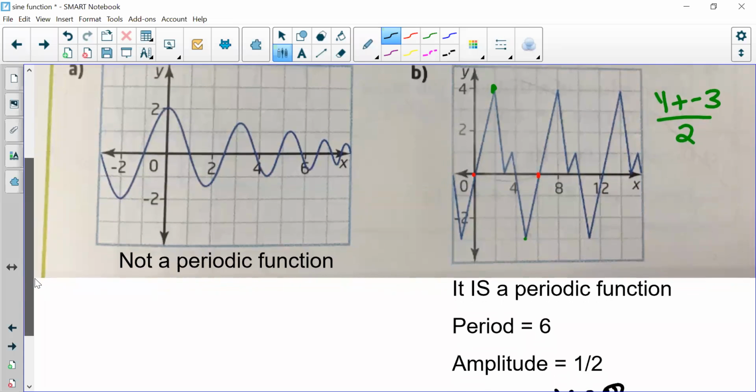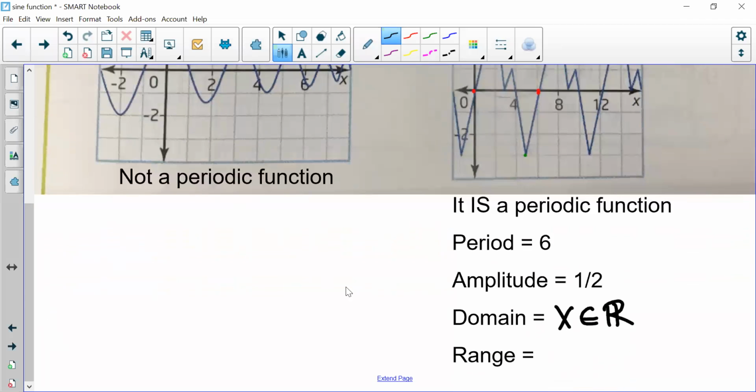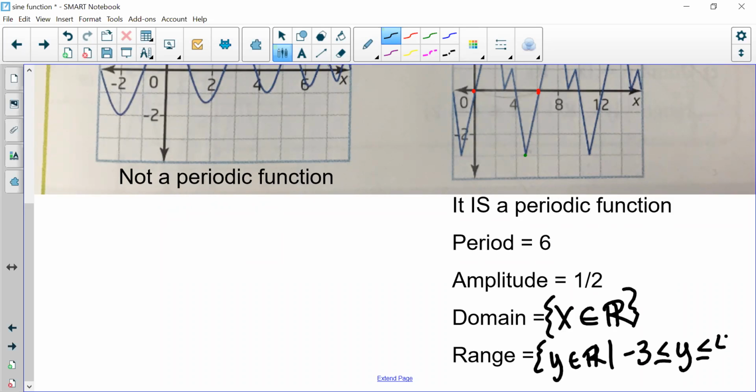What's the highest it is? 4. And what's the lowest it is? -3. Very good. So if I was going to write this, we can use the same notation as quadratics. It's going to be all real numbers. Start with the smallest number, -3. Y is greater than or equal to -3, but less than or equal to 4. So lowest number first, highest number last.